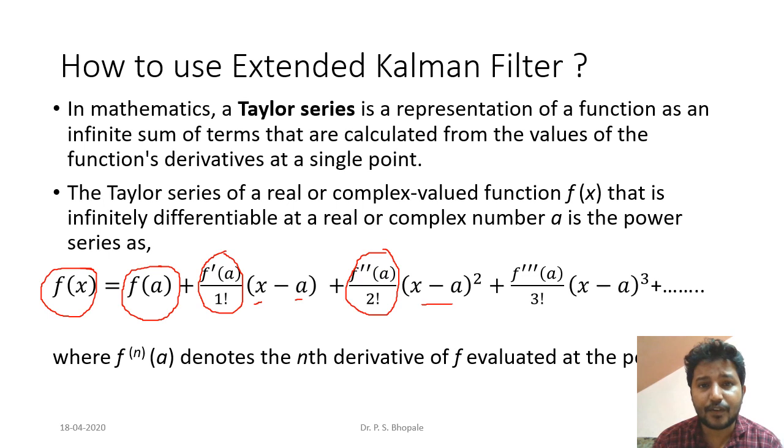Like the Taylor series expansion of sine of x, you can see the addition of the term x, then x cubed upon 3 factorial and other terms with power derivatives. When we calculate the derivatives at some particular point, we again get the sine function. So a function is divided into infinite terms.